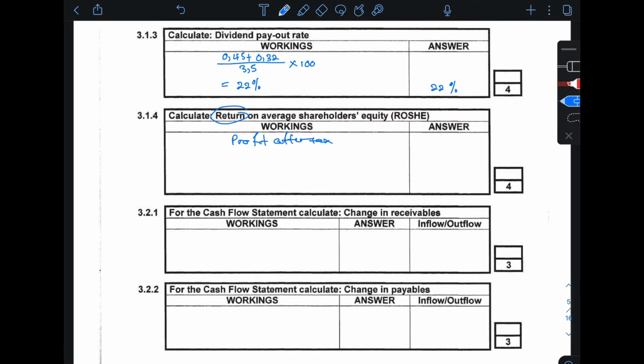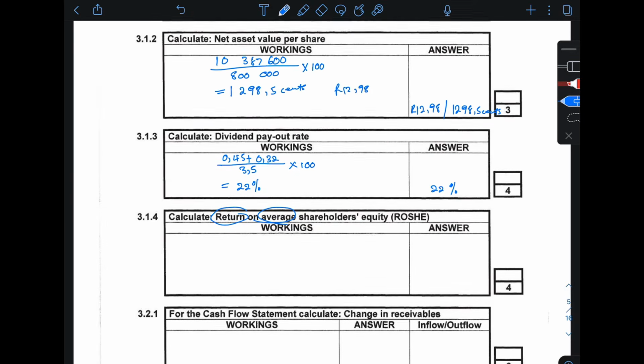Your profit after tax is on your average shareholders' equity. Once they say average, that means you should multiply that amount by a half. That's another trick of how you can memorize the formulas, as much as you are given your formula sheet, but it is really important to remember all your formulas.